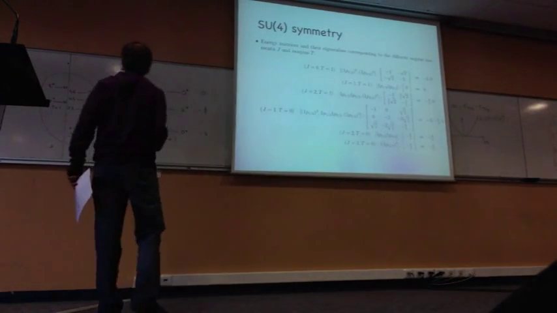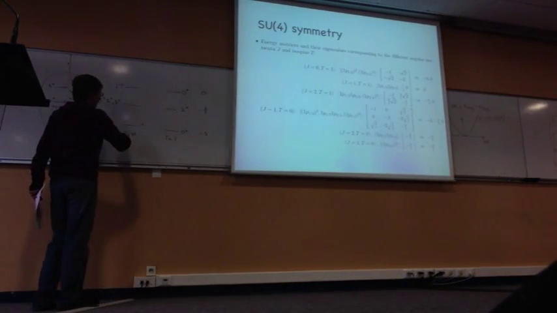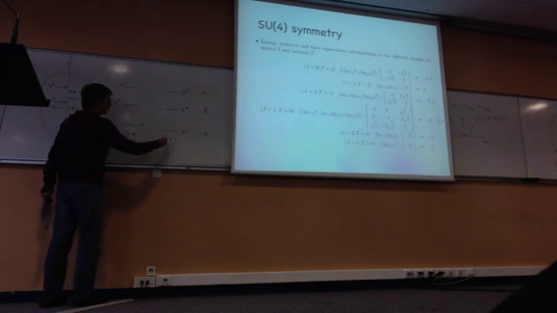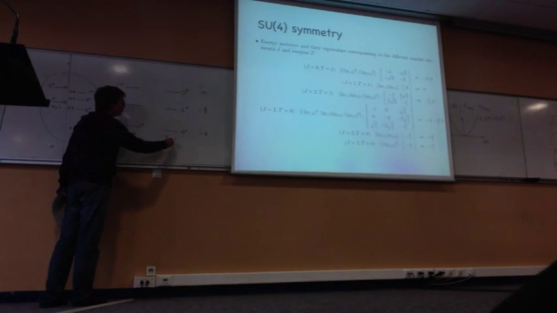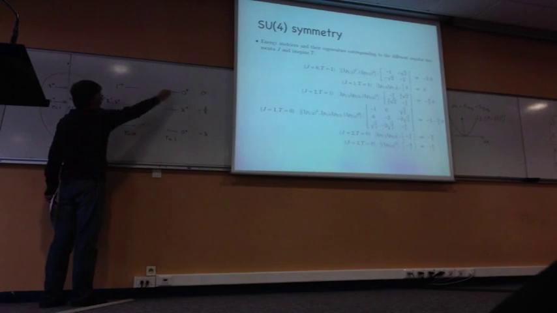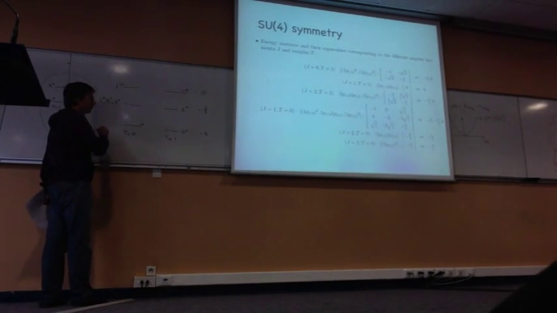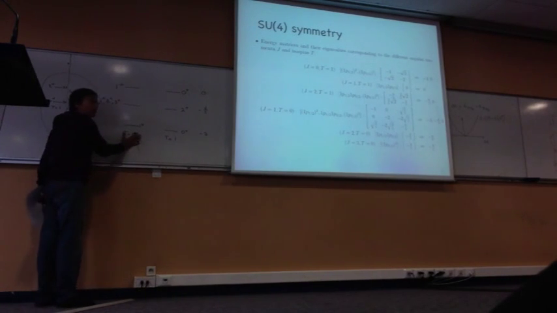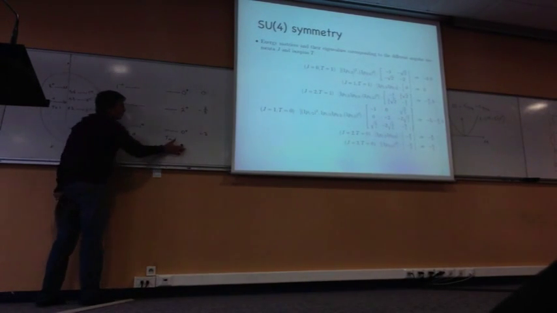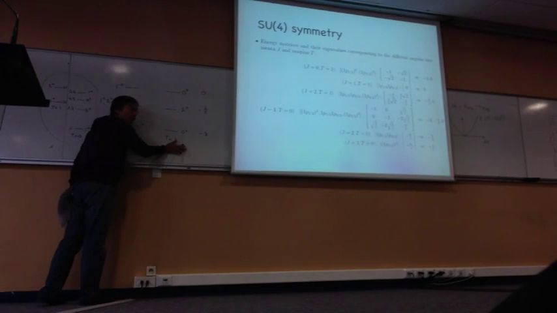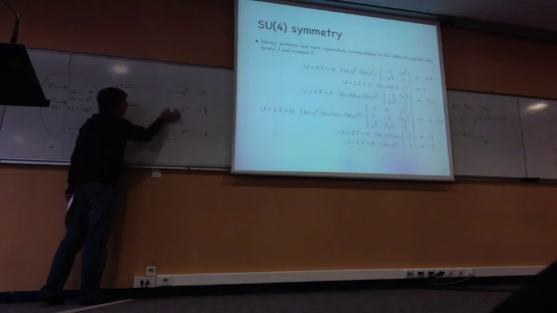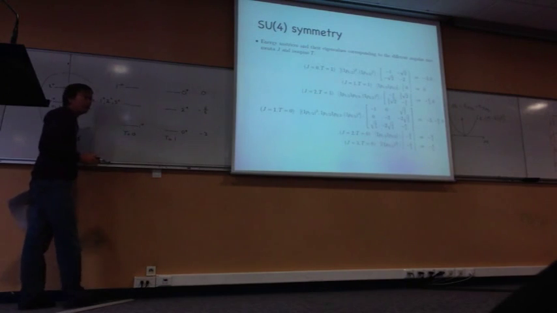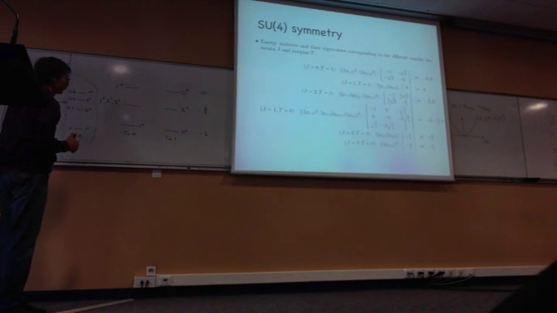You see here I have not said anything about what the precise nucleus is. These are all the states in lithium-6. If I would go to helium-6, of course I would not have the T equals 0 states, I would only have the T equals 1 states, so you will only see this part of the spectrum in this approximation.